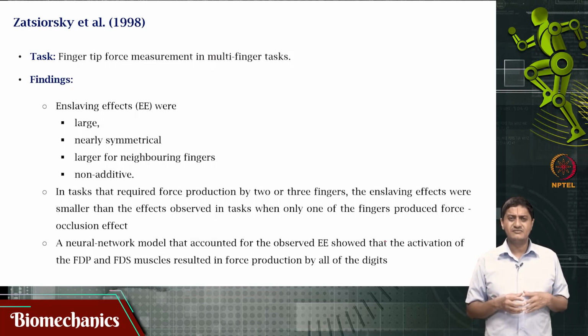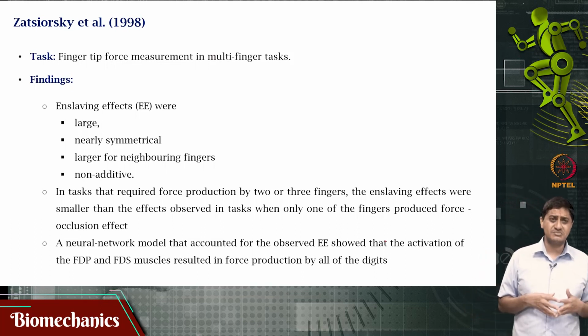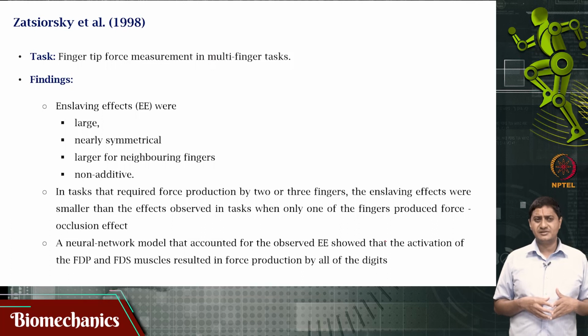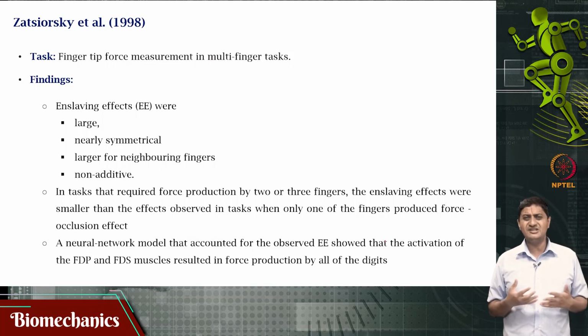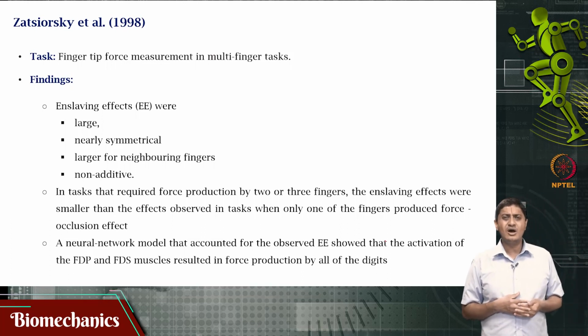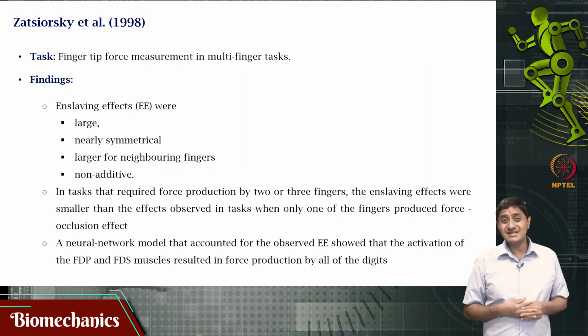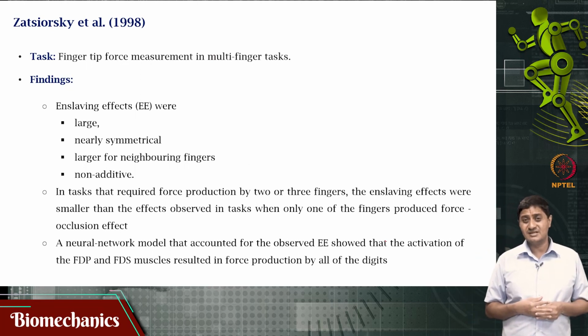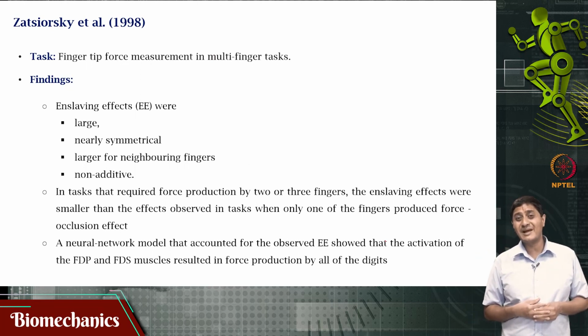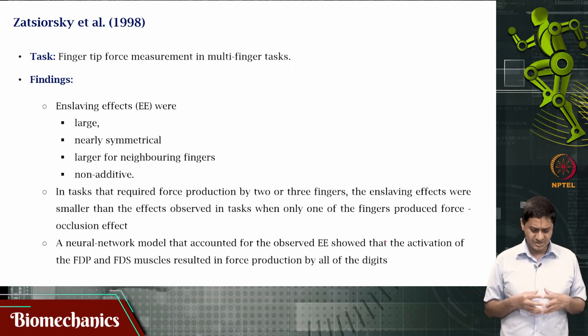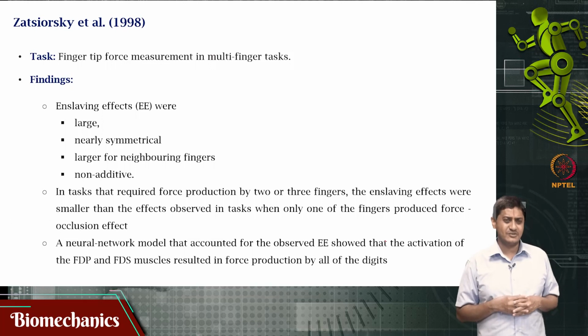They measured the fingertip forces and tried to come up with a relationship between these fingertip forces. Specifically, they were asking how well correlated finger forces are, whether one finger is enslaved with respect to another finger, and what the magnitude of this enslavement is. They wanted to make some general observations about finger enslavement.